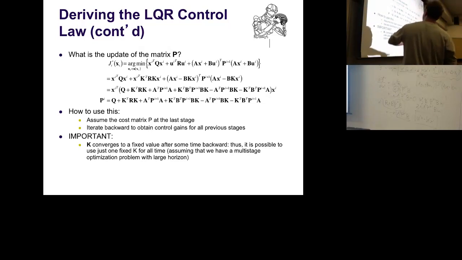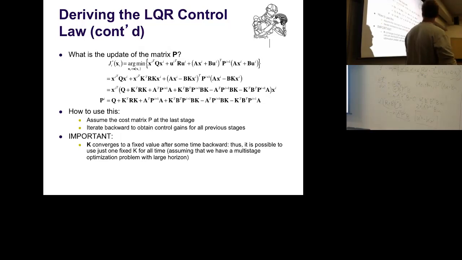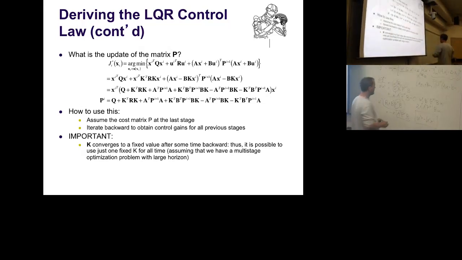What is important is actually that this equation here is called the algebraic Riccati equation. This is an equation people have studied before. And it turns out that when you iterate this equation through time, it iterates to a fixed point. That's actually very easy to see. Well, easy to see; to prove it is a little bit more work.